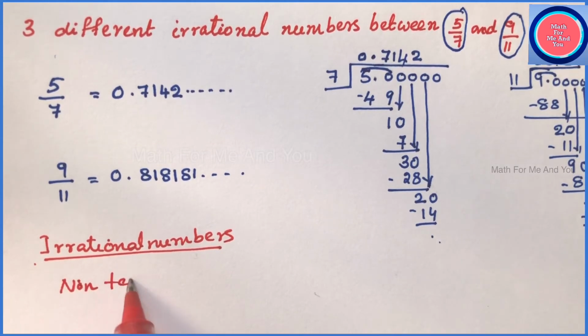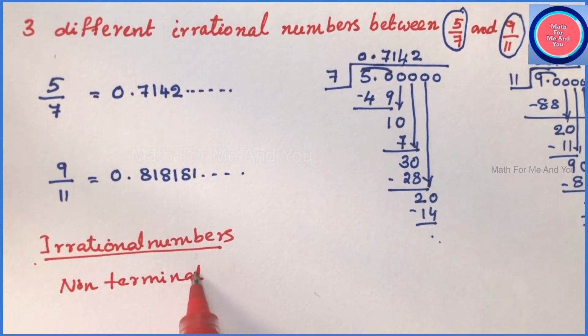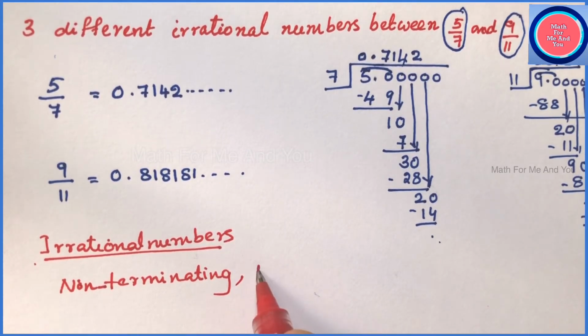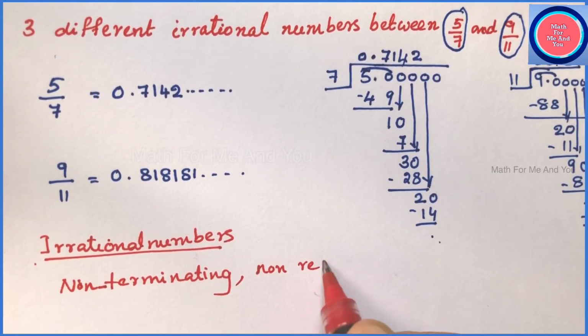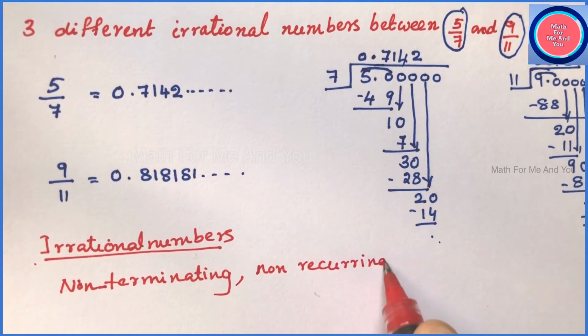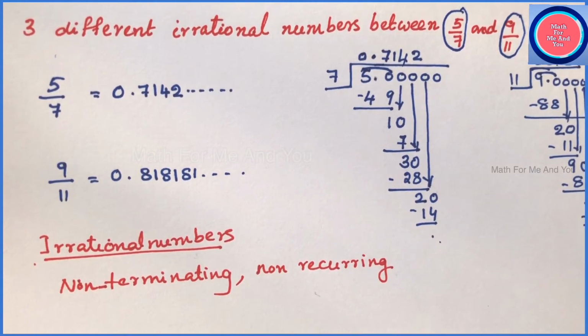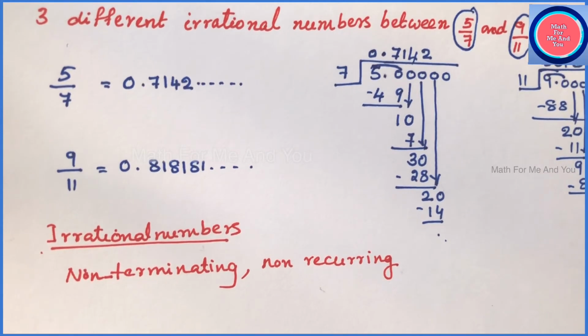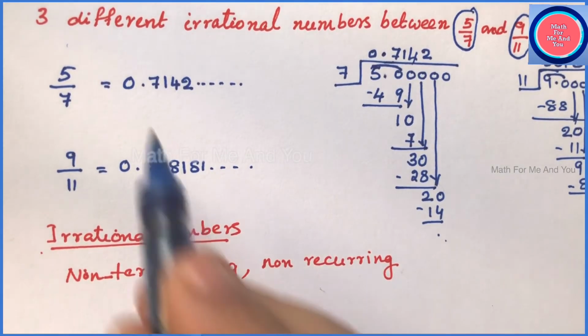They have non-terminating, non-recurring decimal form. So they must be non-terminating, non-recurring decimals. Now we are going to write 3 decimals of this type in between 0.7142 and 0.8181, etc. So this is very easy.